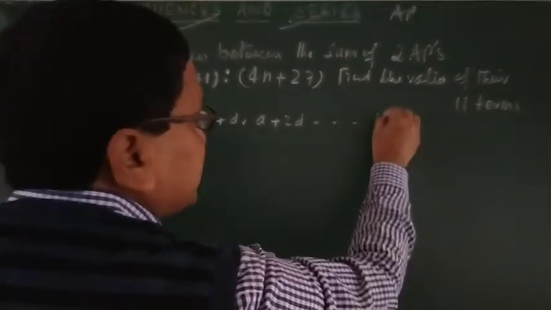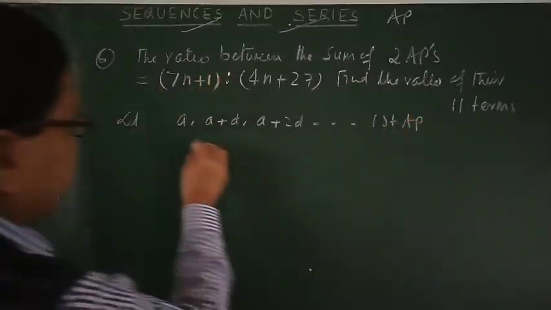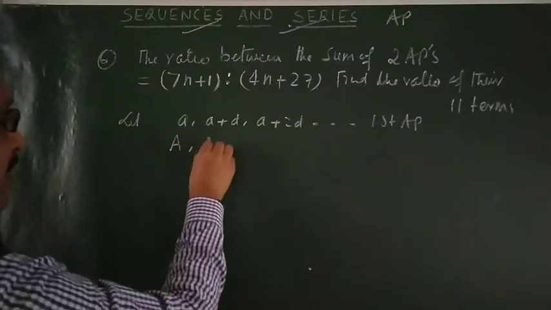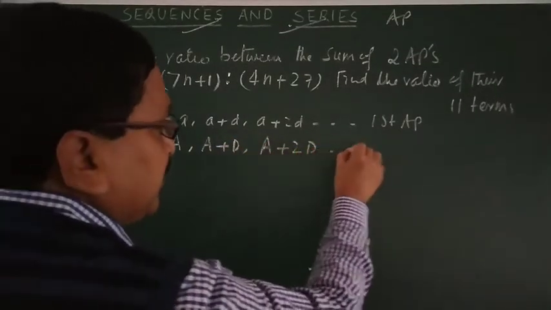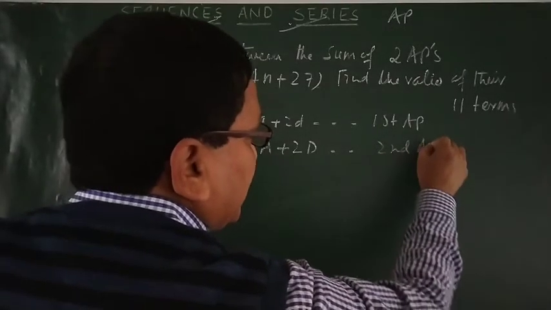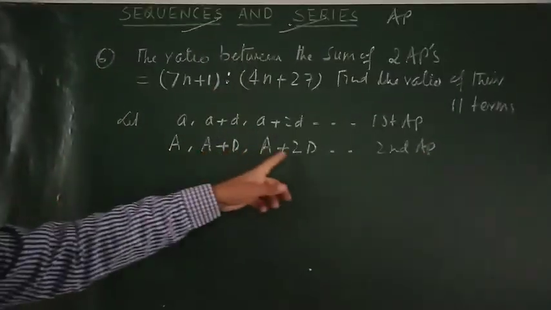Now there are two APs. So let the first AP be a, a plus d, a plus 2d. So this is your first AP. And again capital A, capital A plus capital D, capital A plus 2 capital D, second AP. So just see what is given to us.